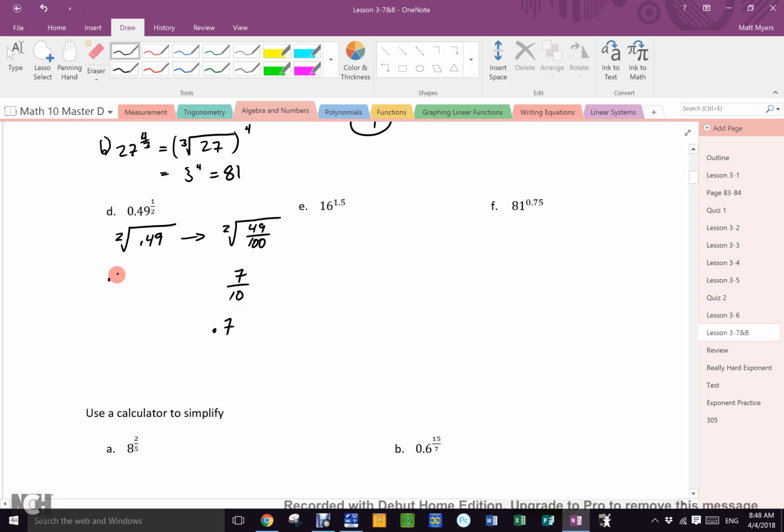If you had 4 decimal places, what would the square root have? 2. What if I had 6 decimal places? What would the square root have? 3. Right? Why?